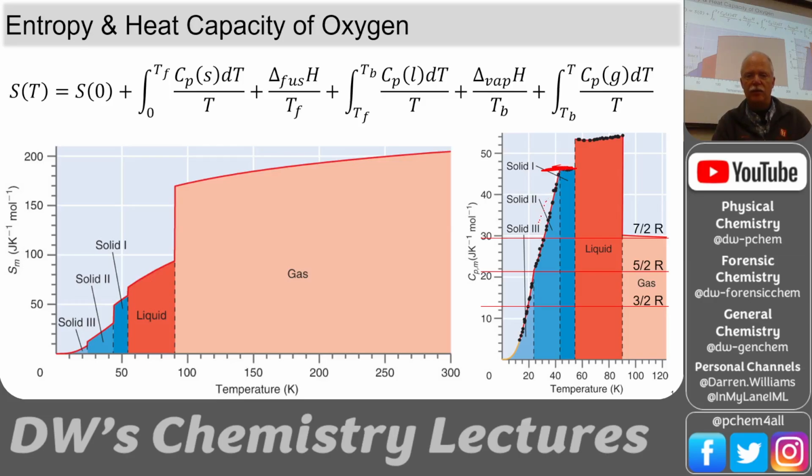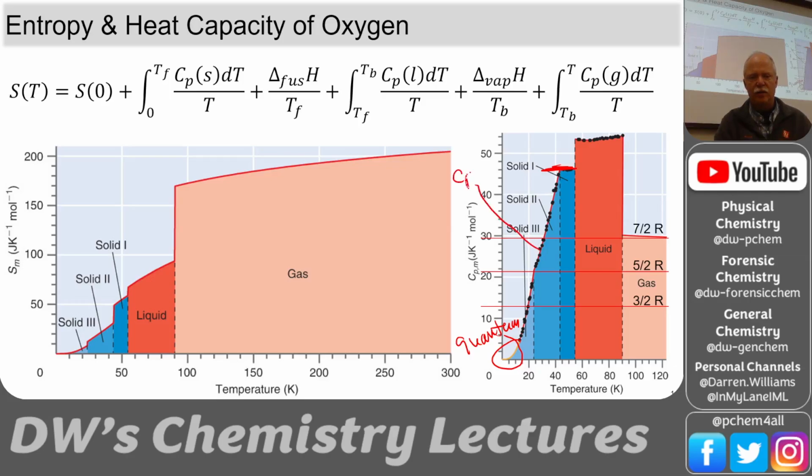And then solid 2, its heat capacity is actually a linear function of temperature, it looks like. And the same for solid 3. And then down here we get into the quantum effects, where the heat capacity goes to 0. But we have a range where for solid 3 and solid 2, CP is a function of temperature.